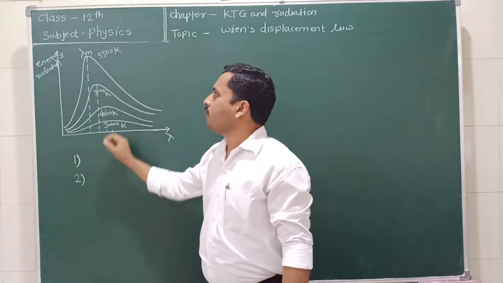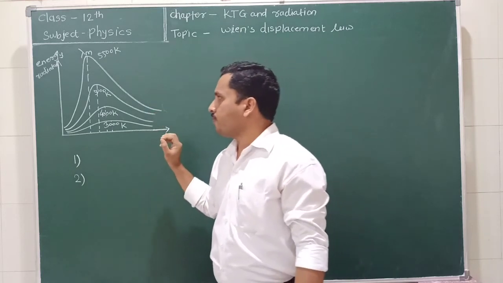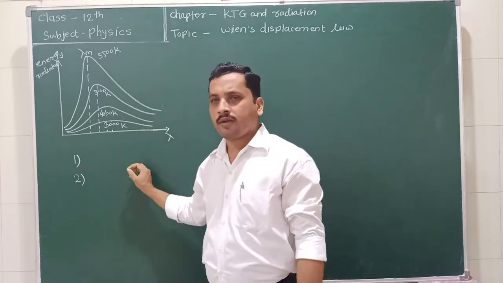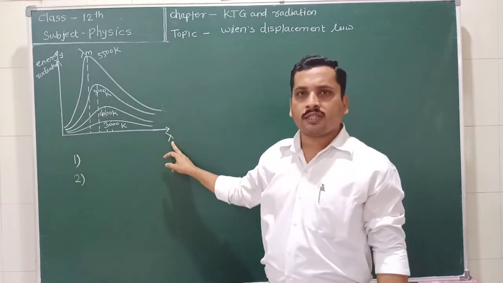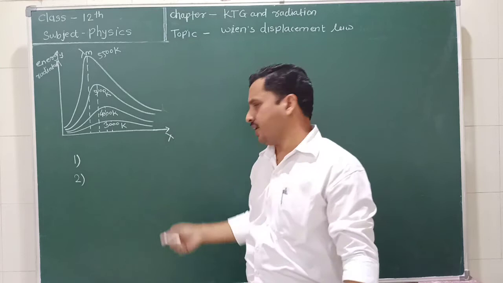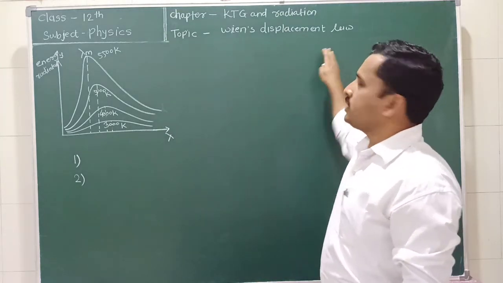So this is about the black body energy spectrum, plotted as the energy radiated versus the wavelength of the heat radiation. Now we are going to move towards Wien's displacement law.